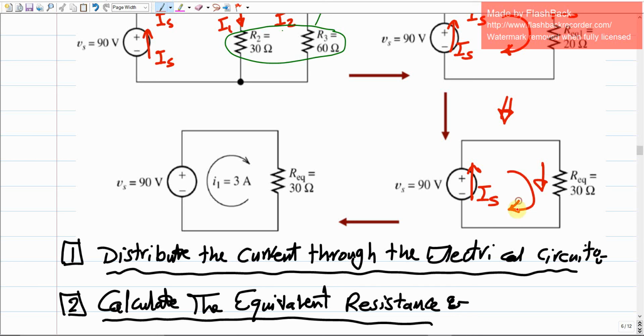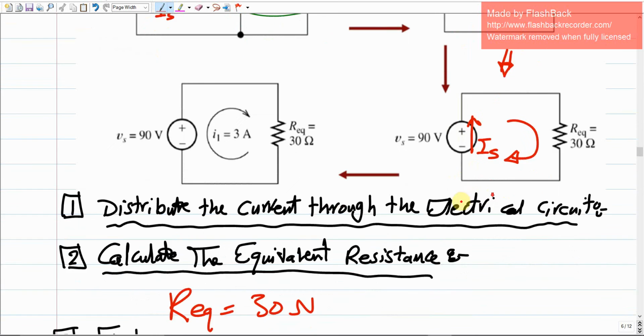The same current, the one that rotates within this electrical circuit. So we do have three things: VS, IS, R equivalent. R equivalent we already have at 30 ohms, and VS is already given as 90 volts. So the only unknown is IS. So step 3 is just to calculate the unknown within these three parameters, which is IS in this case.